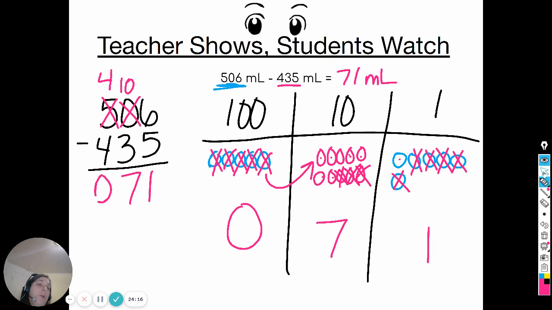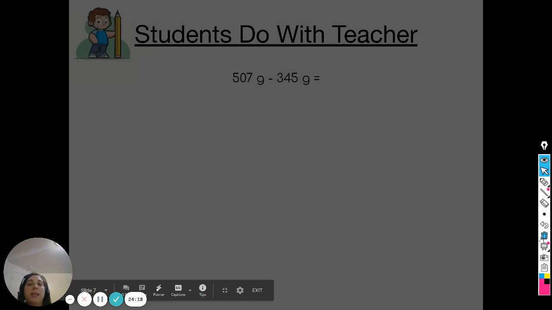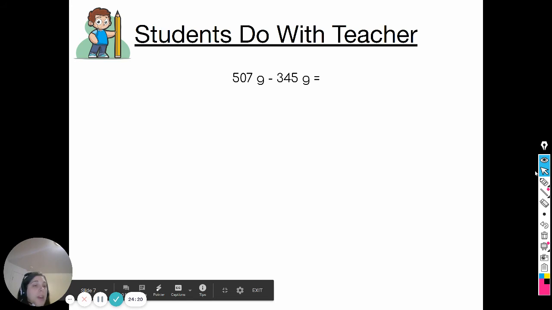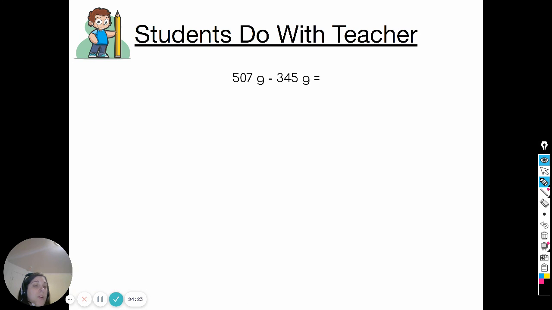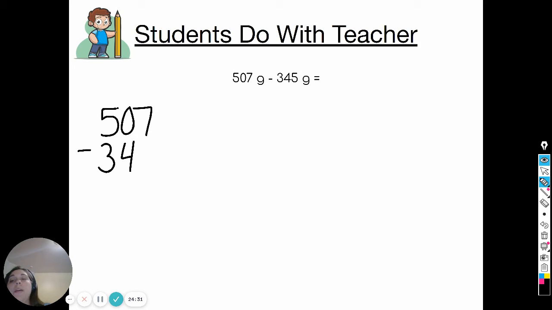Okay, go ahead and pick up your whiteboards. Now I'm going to have you do an example that has a 0 in the tens place. Go ahead and start out by writing your standard algorithm. 507 minus 345. Line up your hundreds, line up your tens, line up your ones.